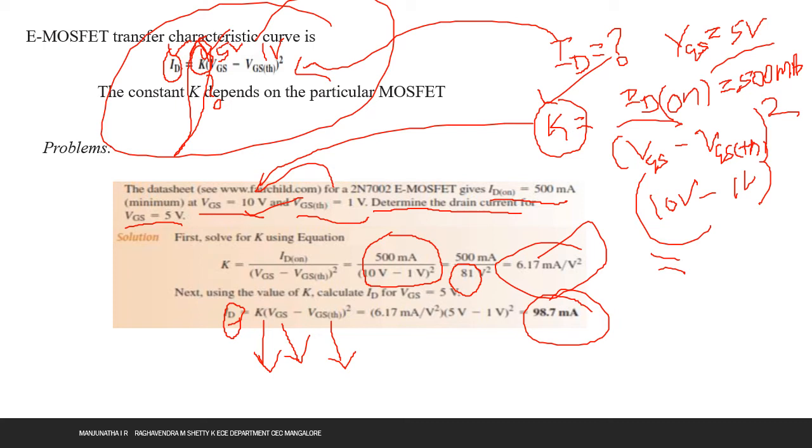After we find the K value, by substituting it we have to find ID at a particular VGS or VGG, which is 5 volts. I hope it is understood. We'll move on to the next slide.